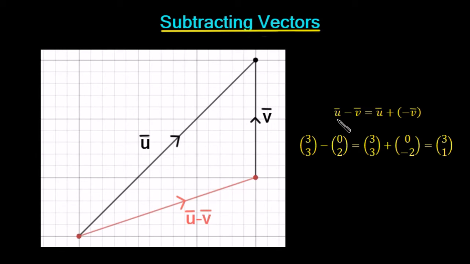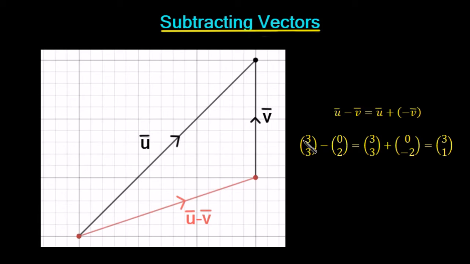So using the component form, we can say that vector u is 1, 2, 3 along, 1, 2, 3 up, so it's (3, 3). And vector v is going to be, well, we go along 0, we go up 2, so it'll be (0, 2). So it'll be (3, 3) minus (0, 2). Well, that's just the same as saying (3, 3) plus the negative of the (0, 2), which is (0, minus 2), which is equal to (3, 1).